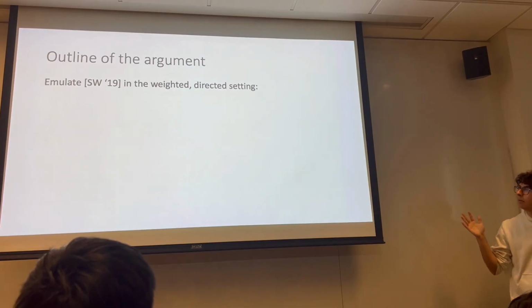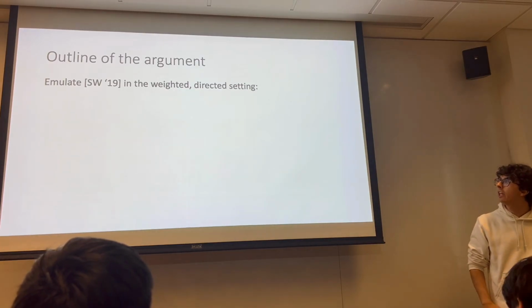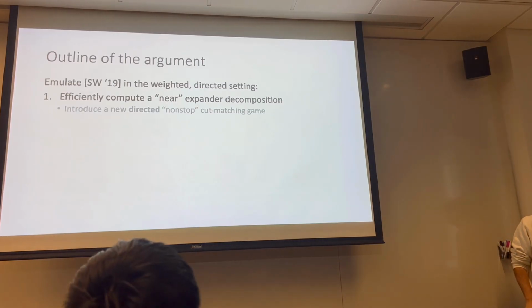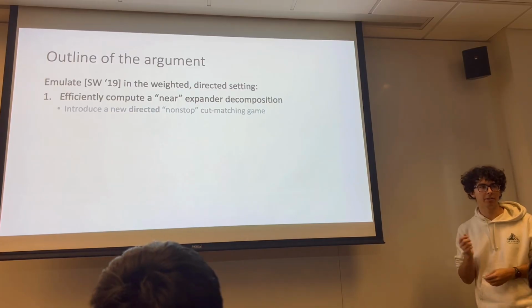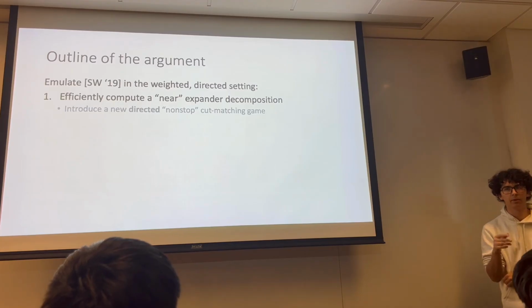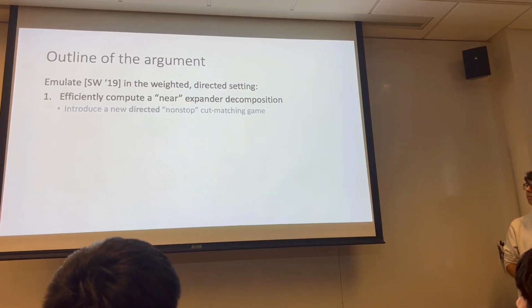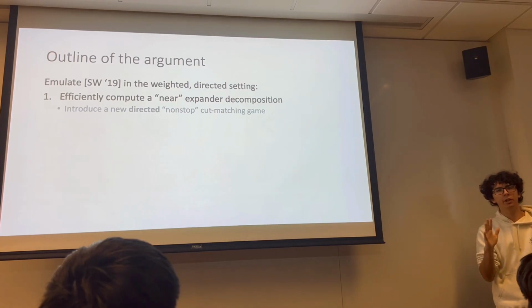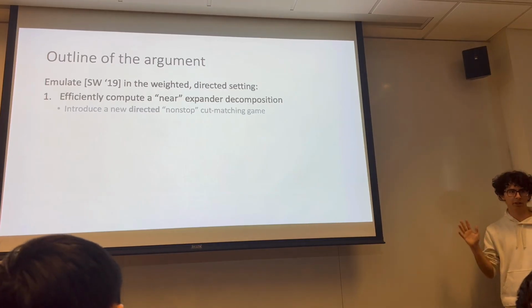Okay, they're stated in sort of mathy language. We're trying to emulate Saranurak and Wang, but in the weighted and directed setting. So the first thing we do is we efficiently compute a near expander decomposition. And to do this, we introduce a new directed non-stop cut matching game, which I'll get to later. This is the step where we go from the messy hedge to separated shrubs. They're not cleaned up, but they're separated.